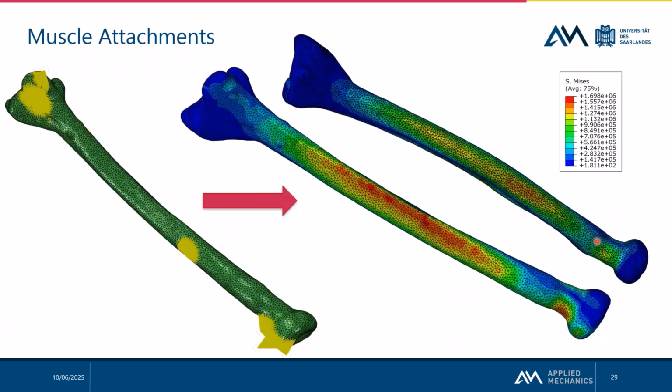We also tried it with the radius, and the results are quite promising, and I'm quite happy with them. The von Mises stress is in pascal at the moment because of the dimensions, but from the area it is the same, for example, as the clavicular example of AnyBody in the tutorials. So it's the first attempt to do this.